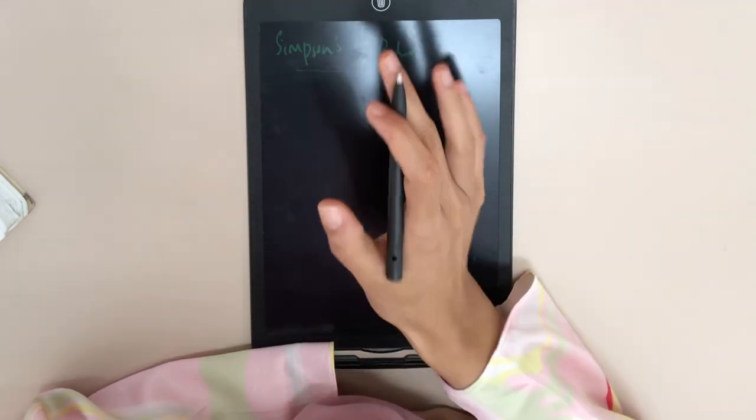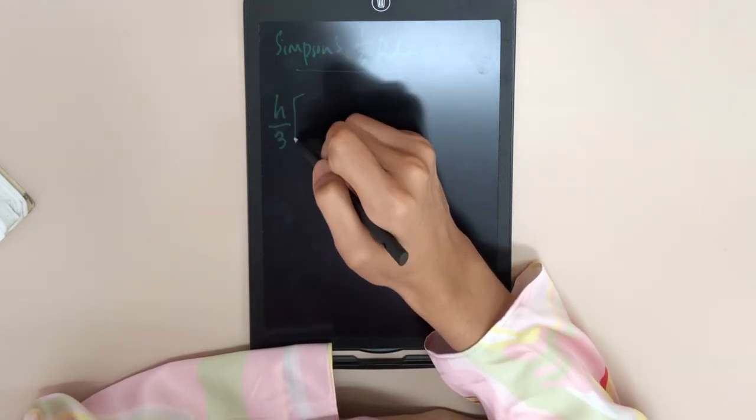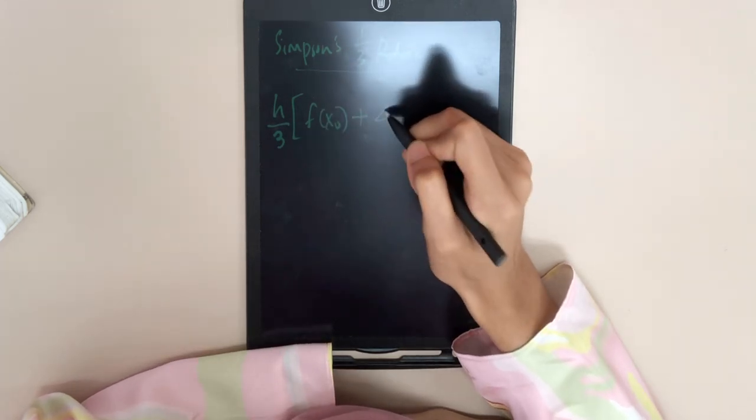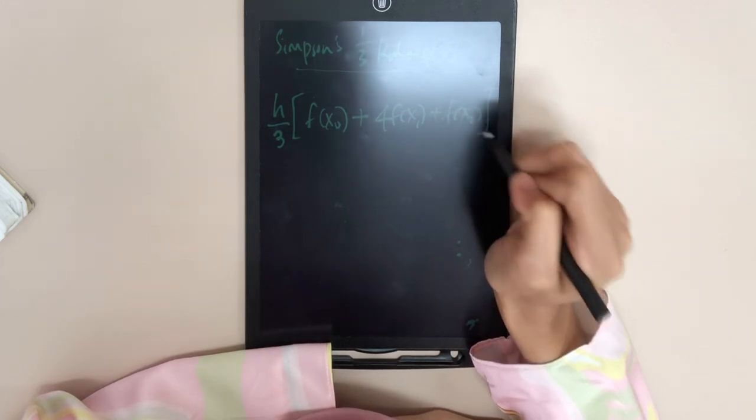Okay, so the formula for Simpson's 1/3 is given by h/3 times f(x0) plus 4f(x1) plus f(x2). That's it.